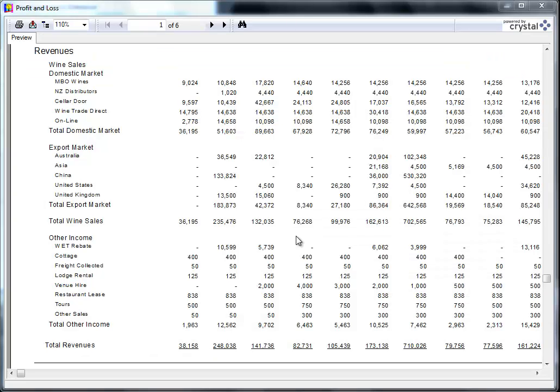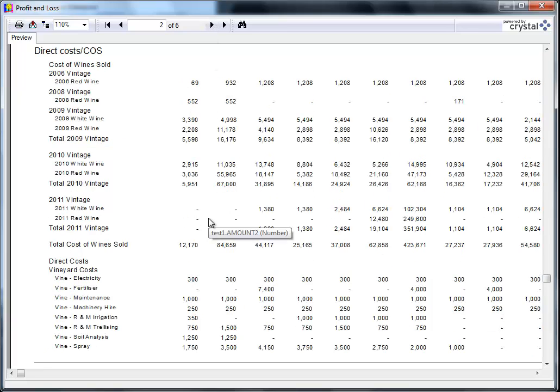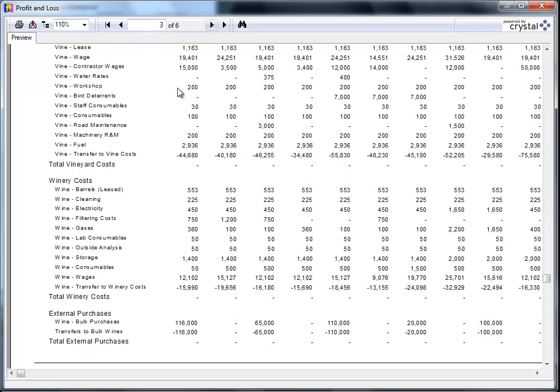Looking at the profit and loss, we can see the calculated revenues by channel, that is domestic and export market sales. We can see the cost of stocks sold by vintage and wine type. Direct costs, including vineyard and winery costs, are being transferred to our harvest work in progress costs, so they have a nil profit impact.